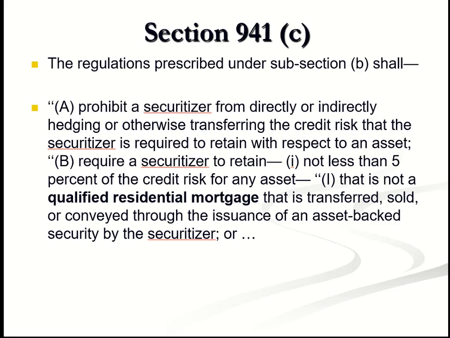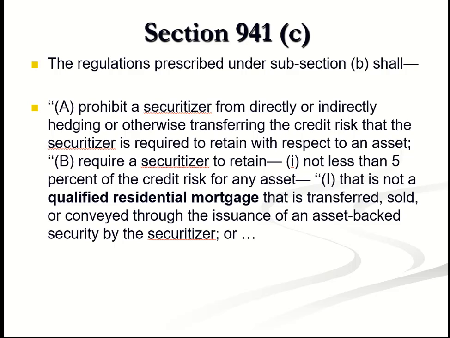And furthermore, the regulations prescribed under subsection B shall prohibit a securitizer from directly or indirectly hedging or otherwise transferring the credit risk that the securitizer is required to retain with respect to an asset.